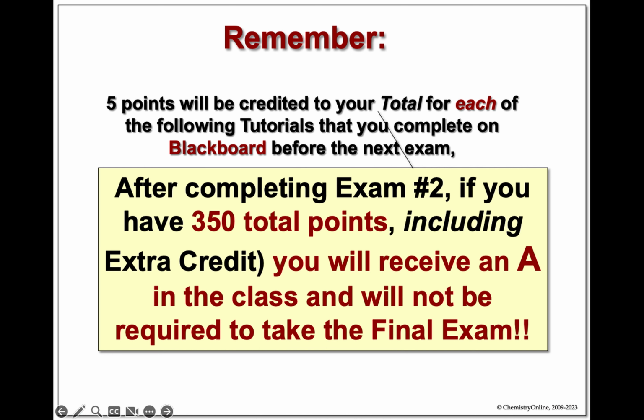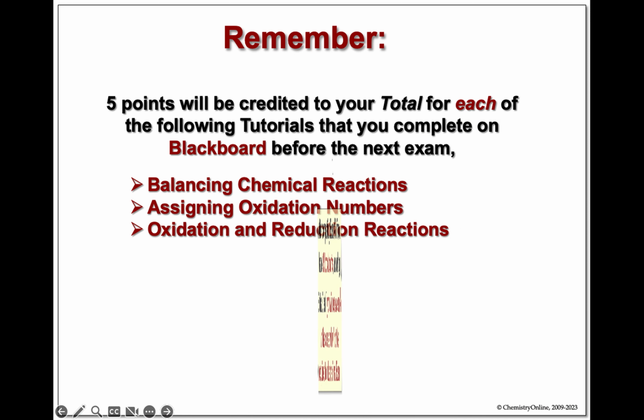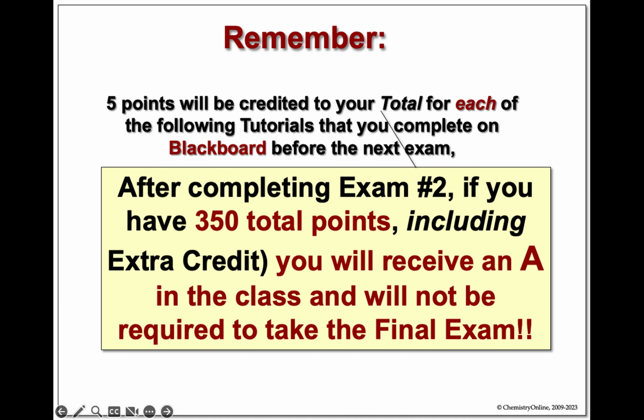After you do exam 2, if the total on Blackboard is 350 or above, I will give you an A that very day, and you will not have to take the final exam. Yes, I'll say that again. 350 on your total.